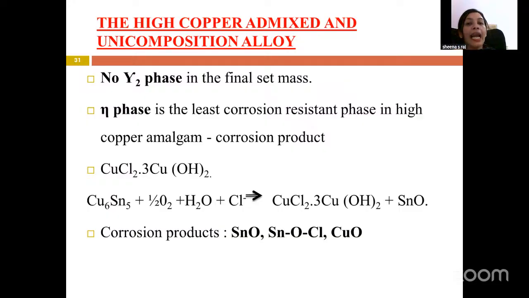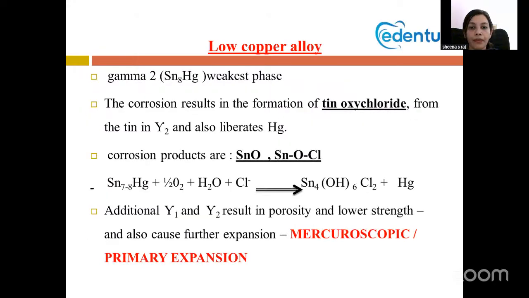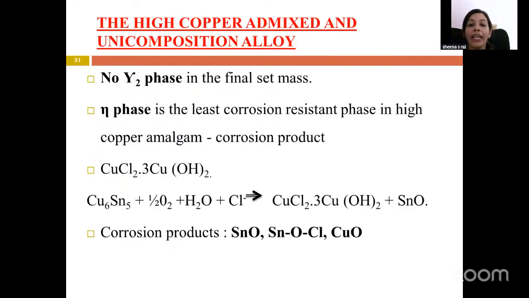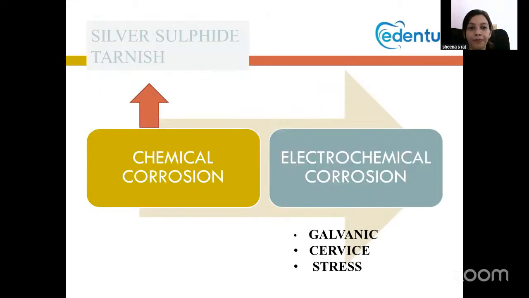Here it is SnO and also copper oxide, mainly copper oxide. Tin oxychloride was mostly seen in low copper alloy, and along with SnO and SnOCl, copper oxide is mainly seen in high copper and mixed alloy.